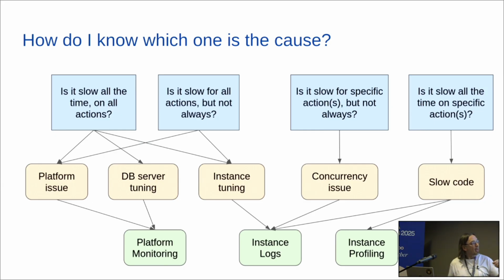And then you have the diagnosis tools that you can use, which are platform monitoring for system issues. The instance logs will give you lots of information about what's happening in your instance. And for slow code, there is the instance profiling, which is a super nice tool available in Odoo 15 and above.